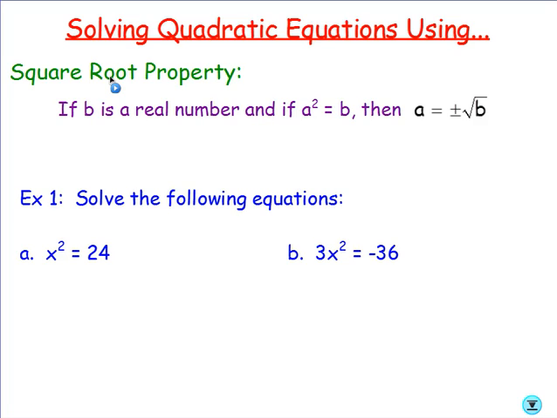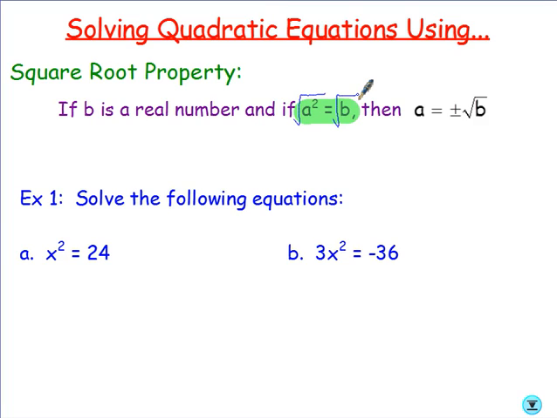Basically what this is saying is if you are trying to solve this equation right here for a, if you want to get rid of a square, the opposite of squaring is square rooting. That's basically what this property is saying.